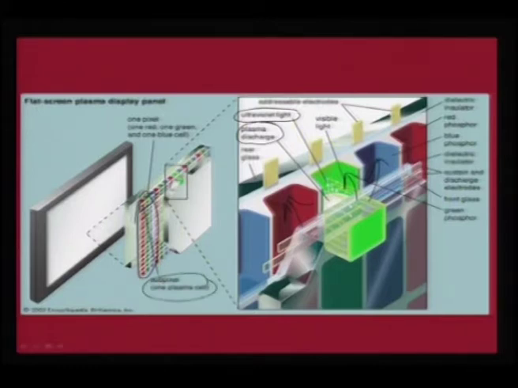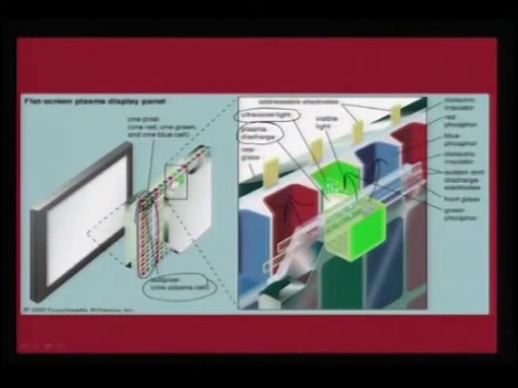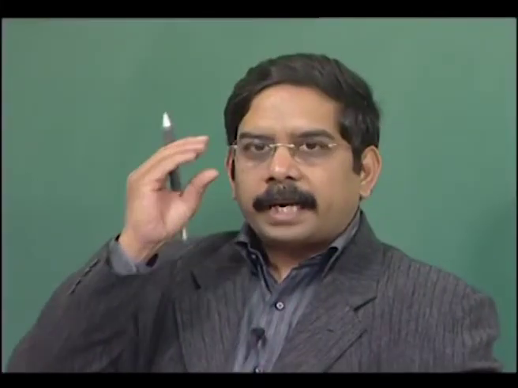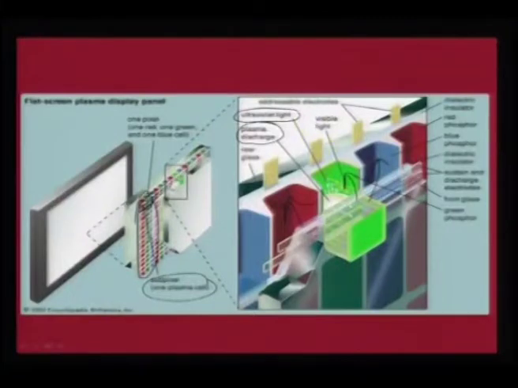Therefore, the plasma that is generated will have to have a different mixing coefficient between each of this panel, and as a result you will get the proper color output. So, in plasma display panel, the main mechanism is not the cathode ray tube or the cathode rays, it is the UV light emission which will bring about the color display.